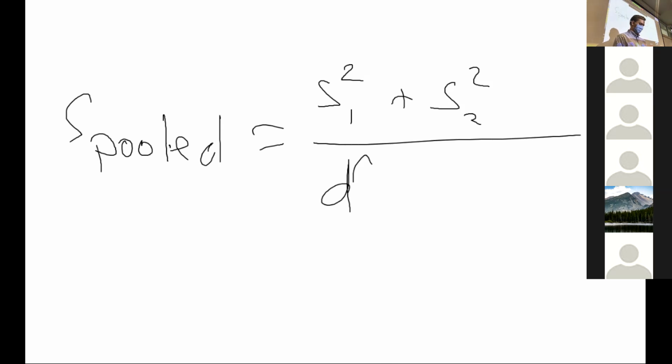So you have the sum of squares for group 1 plus the sum of squares for group 2, over the degrees of freedom for group 1 plus the degrees of freedom for group 2.